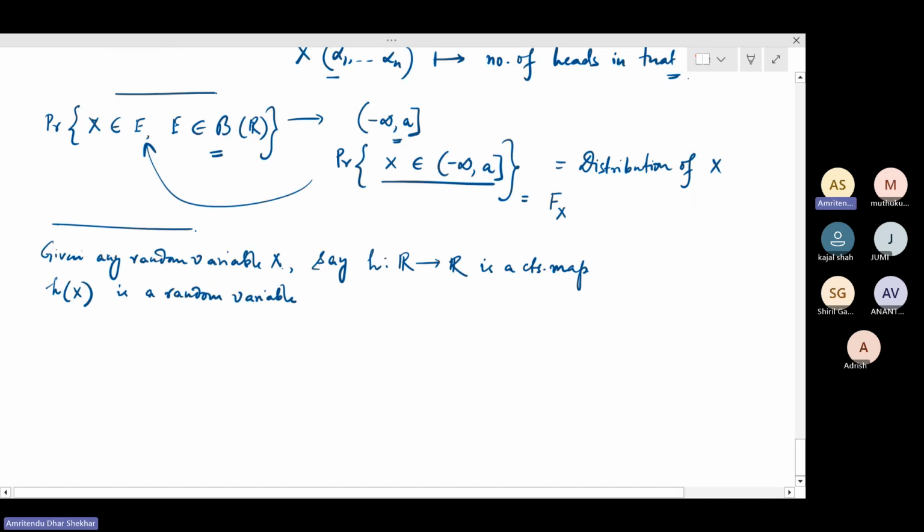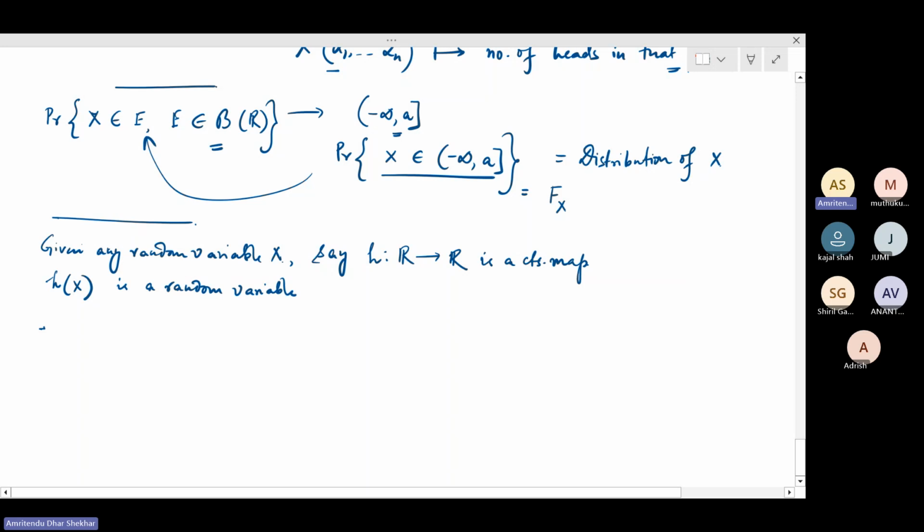In other words, let's say I have a map from omega to R, which is my random variable X, and I have some continuous map from R to R itself. If I consider the composition H composed with X, this is actually a random variable.